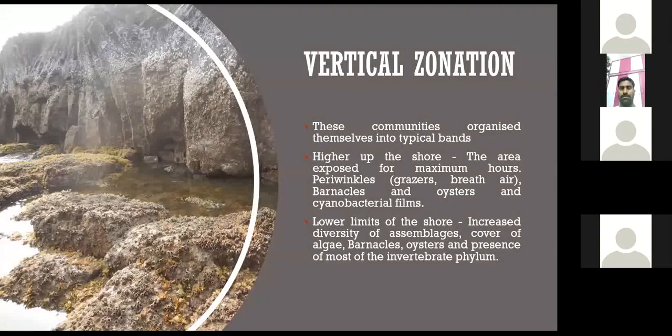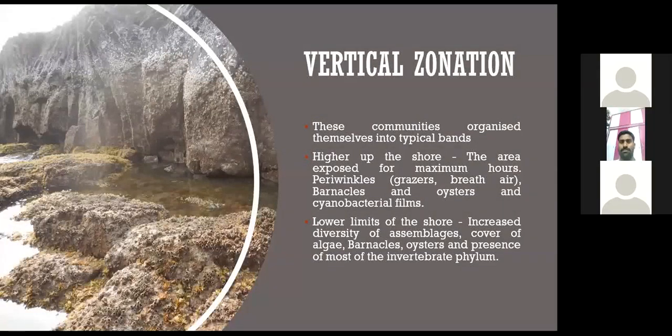As you go higher up the shore, the areas are exposed for the maximum time, so there are harsh conditions, tolerated by typical species like periwinkles. Commonly, you might have heard about the littorinid species, or barnacles.